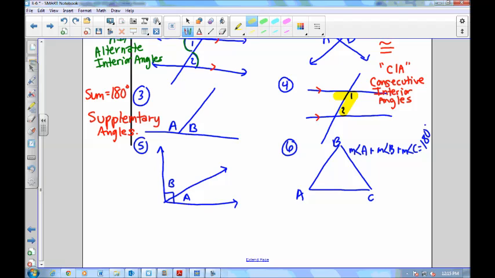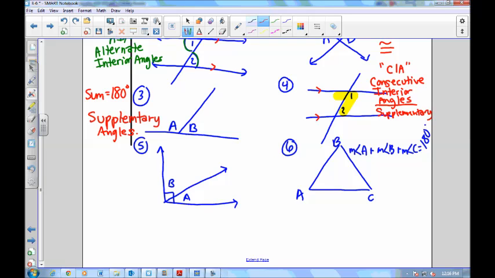Yes, they are supplementary. They could be congruent if both were 90 degrees, but it's not necessarily going to be the case all the time. So they are supplementary. All right, almost done.